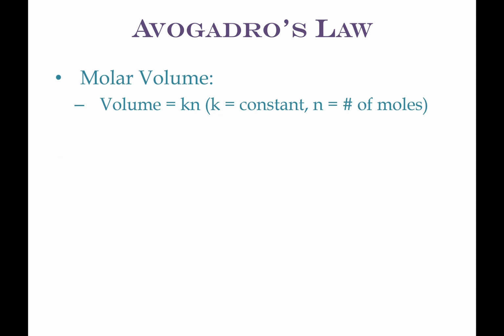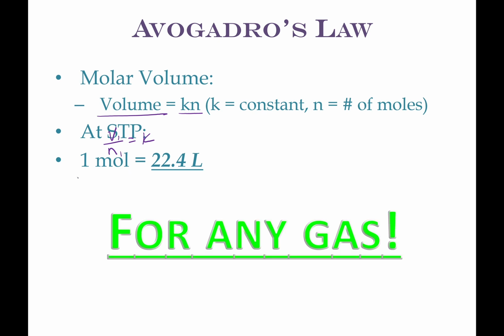So molar volume is, so we're talking about here how volume and the number of moles are related, right? So V1 over N1 is equal to K, right? So if they're related like this, at standard temperature and pressure, 1 mole is equal to 22.4 liters. This is known as molar volume.